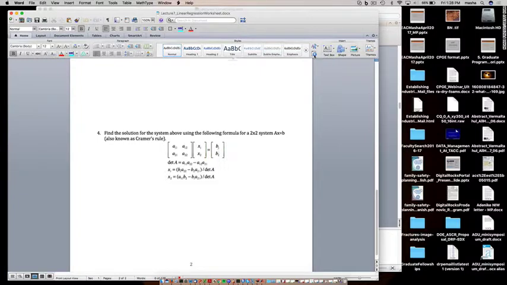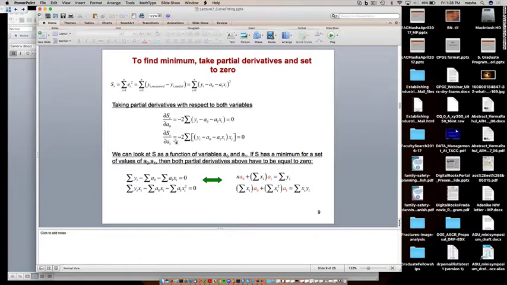Here it's a little more general, but if I did the derivative of this with respect to A1, it would be 2 times the sum of 2 times this, and times minus xi, because that's what's sitting next to A1. Xi is just a number, so it's not a variable in this case. So that's the sum of minus 2 times this times xi.